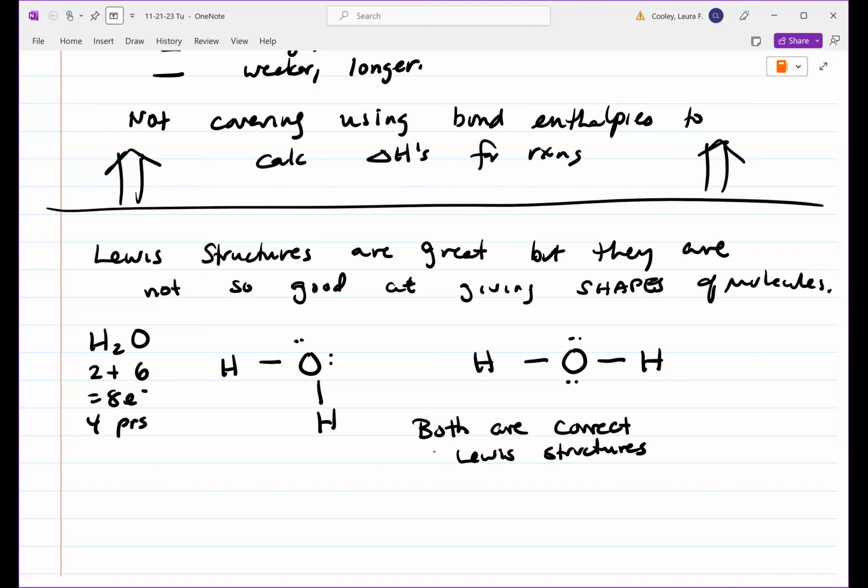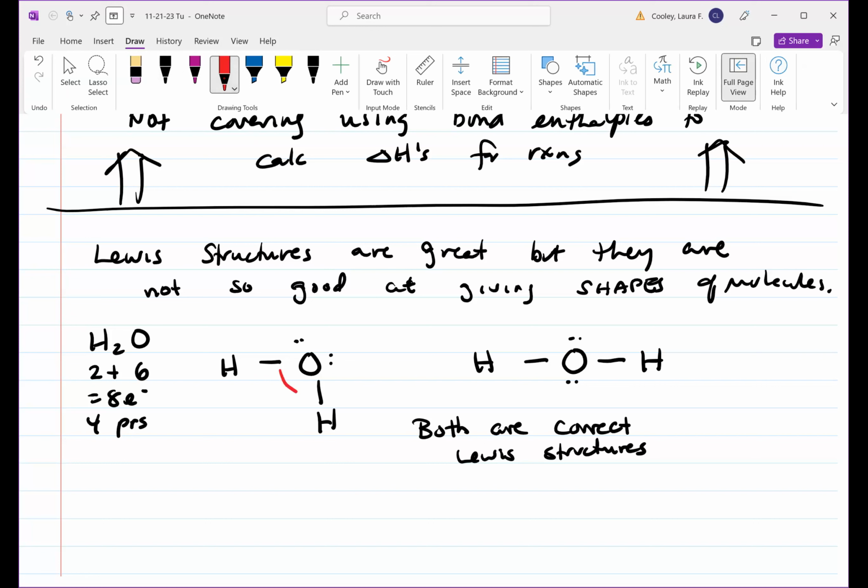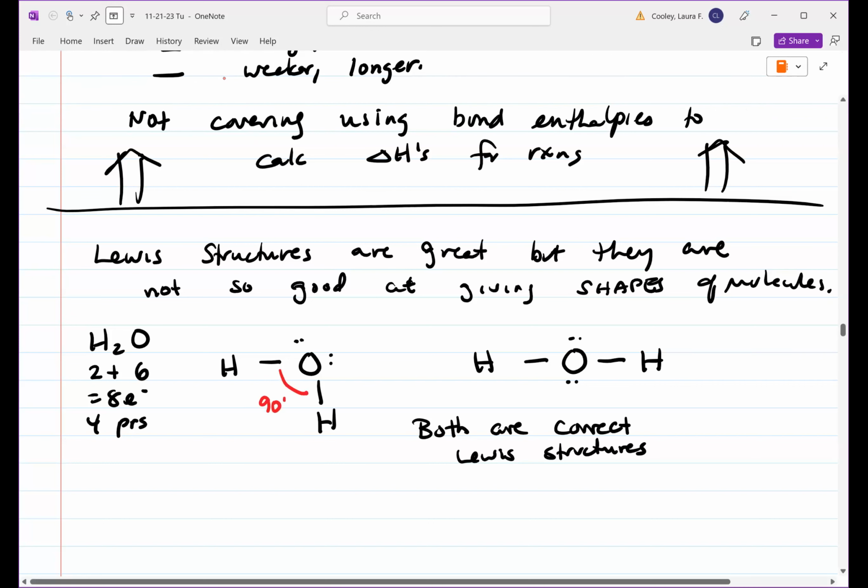They're 0 on O for both. It's the shape. Okay, so this is showing a 90-degree angle, and this is showing a 180-degree angle. The one on the right is showing water as a linear molecule, and the one on the left is showing water as a 90-degree molecule.